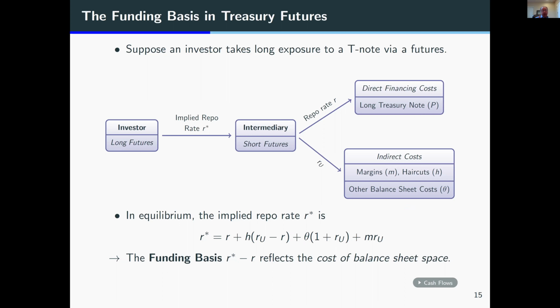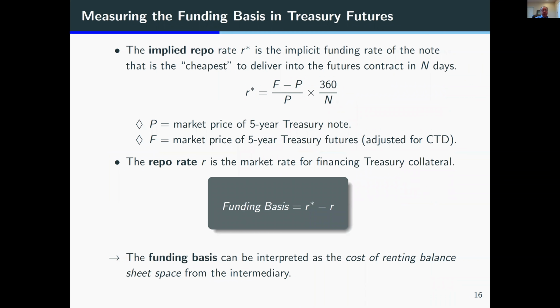But basically, we have a model where we've got what's the impact on the implied repo rate of the haircut that's involved, the margins on the collateral, debt overhang costs, etc. But bottom line, the idea here is the funding basis is just going to be the implied repo rate minus the actual repo rate. So the implied repo rate, again, we have to deal with the CTD, as I mentioned. That's an important thing. But then it's pretty simple to calculate this thing.